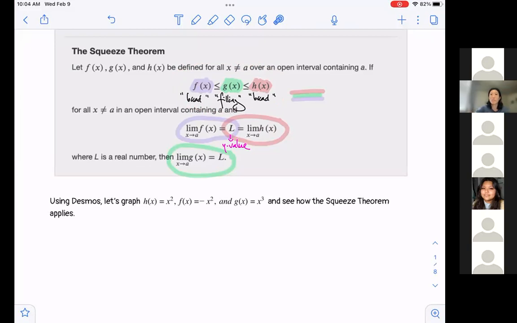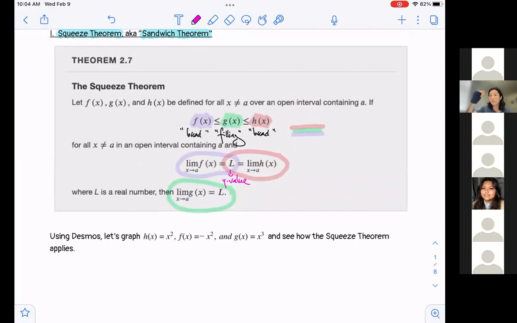So for example, an open interval would be like -1 to 1, but a closed interval would be bracket -1 to 1. So it's like the open circle on a graph, where if you see the open circle, you don't include that value. But if you see a filled in circle, you do include that value. That's what we mean by open and closed. Okay.